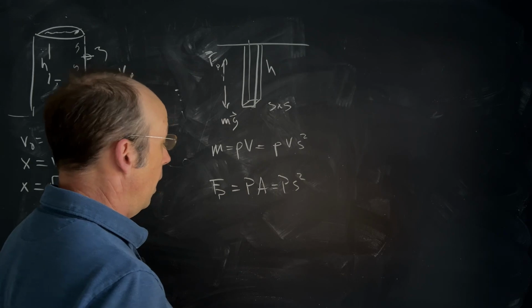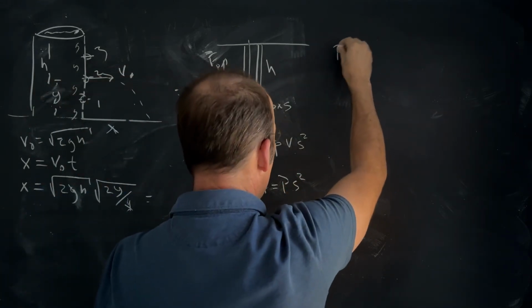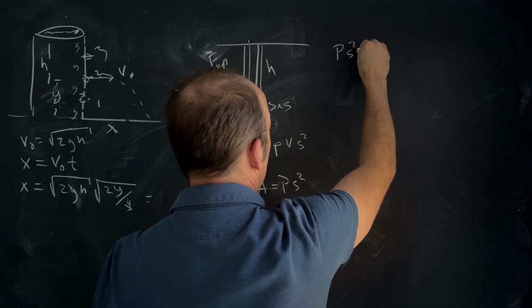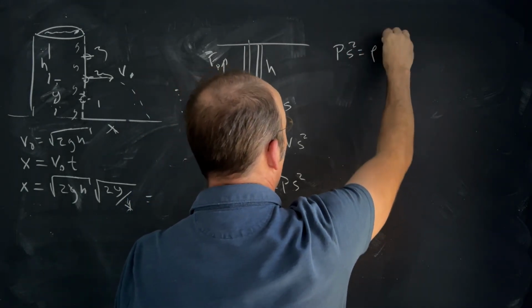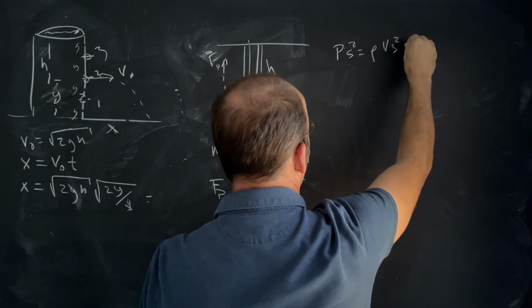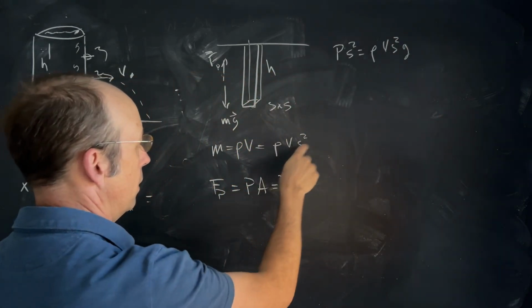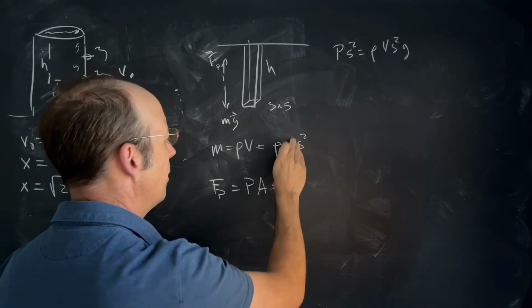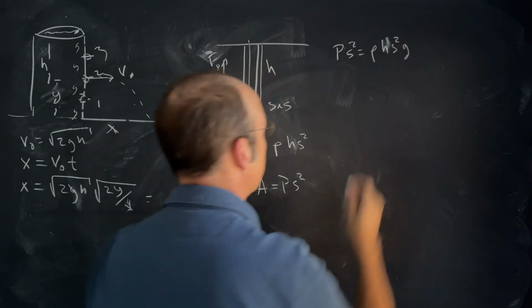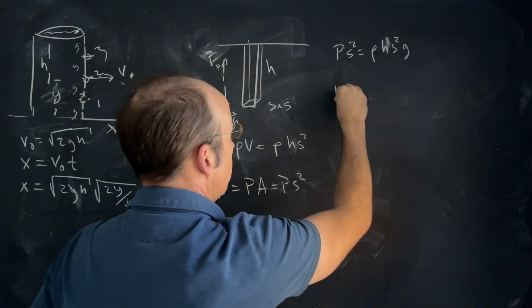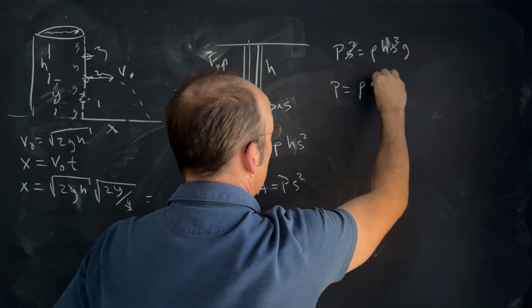Now, I just want to say that's equal to mg, so I get p s squared is the force pushing up, and that's equal to the mass, rho h s squared g. Where's my h? Oh, this is, what did I do? h. So now if I solve that for pressure, the s squareds cancel, and I get rho gh.